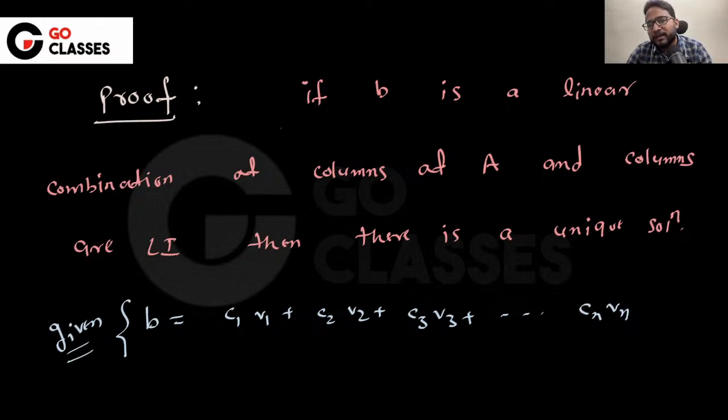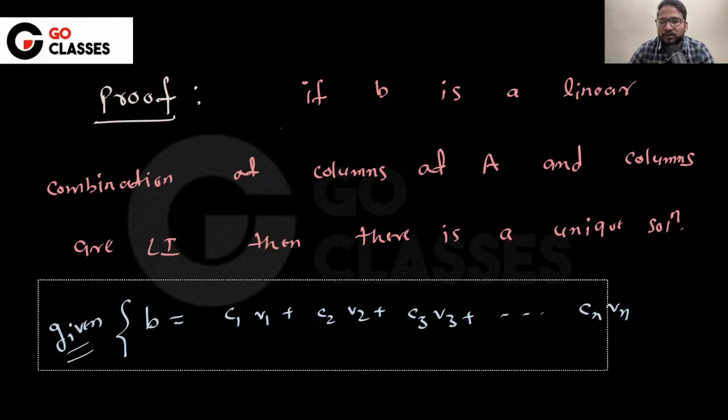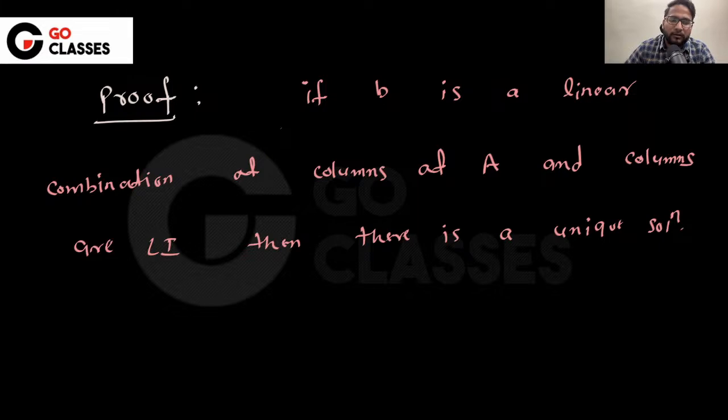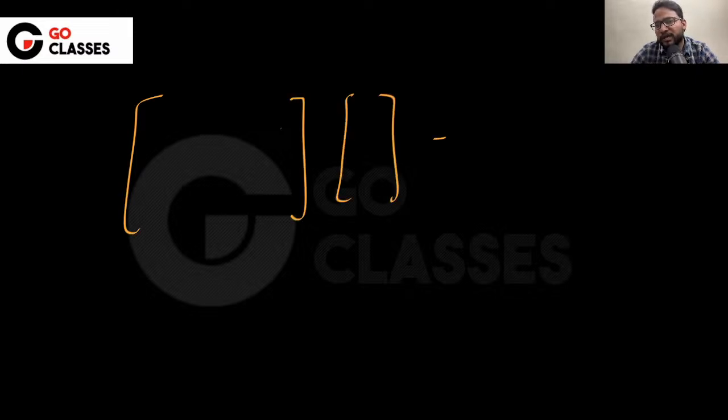Now, for the contradiction, I am assuming that there are two solutions. Actually, to prove it, I should be using the rank and all. Using the rank, it is very easy to prove. But for now, I'm not using the rank definition, so I will take another path to prove it.